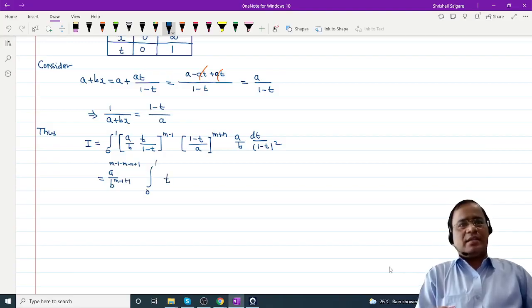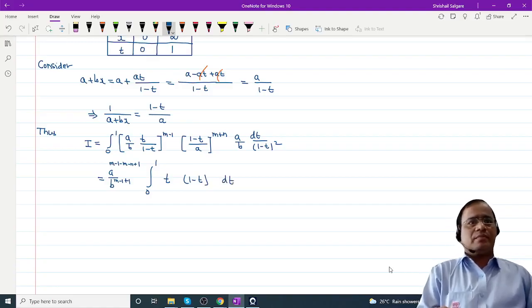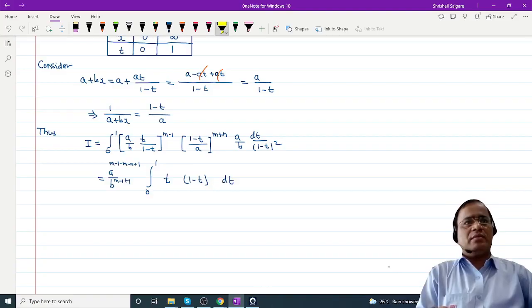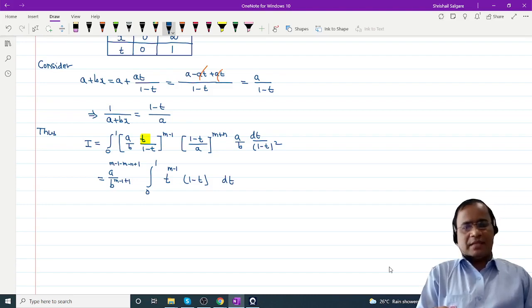Again collect the t and 1 minus t terms. So how many terms are there containing t? I think only one. Now this one, what is its power? Its power is m minus 1. Now next you have to collect the effective power of 1 minus t. So remember the factor 1 minus t you are writing in the numerator.